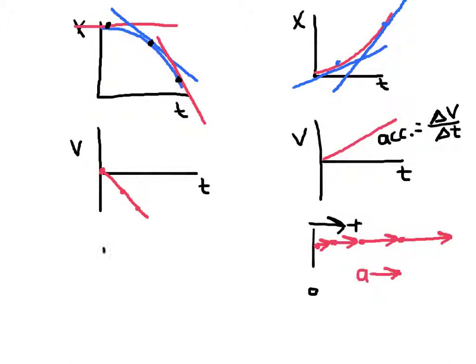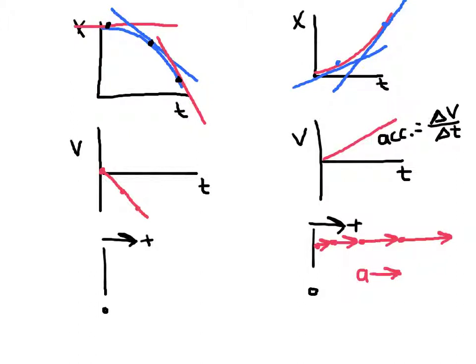And then so how does this translate to a motion map? Well, we mark our zero position in our positive direction, and it looks in this case, if you look at this position time graph, the object starts at time zero with a positive position.